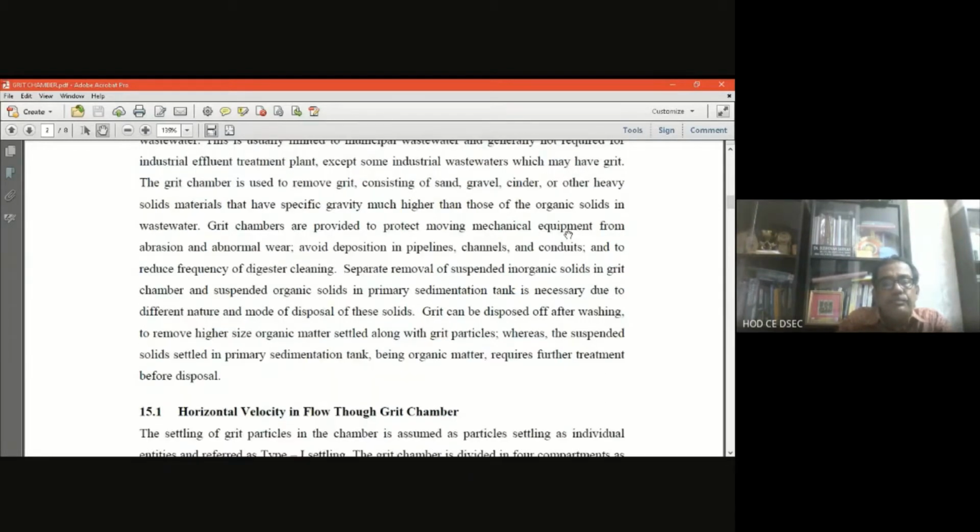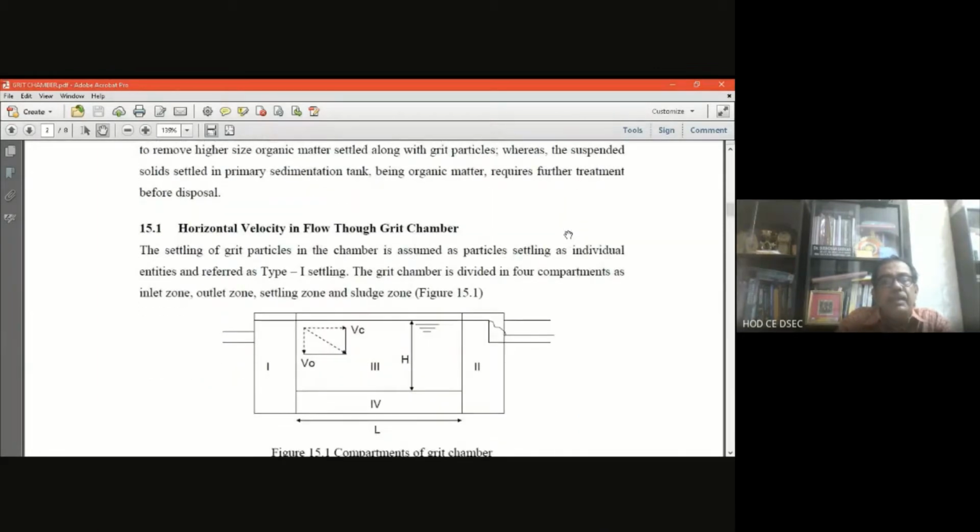Now, when we talk about the grit chamber, we must go into the design considerations, the design philosophy, the process design of the grit chamber. So you must understand this. I must highlight the horizontal velocity of flow through the grit chamber.